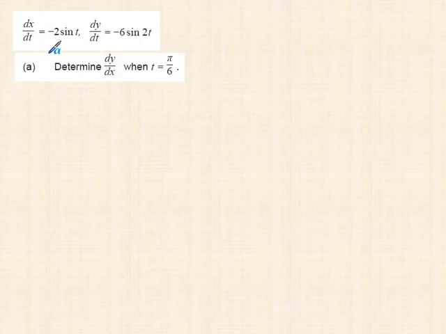We're given dx/dt is negative 2 sin t and dy/dt is negative 6 sin 2t. The first thing we want to do is determine dy/dx when t is pi by 6. dy/dx would be equal to dy/dt times dt/dx.